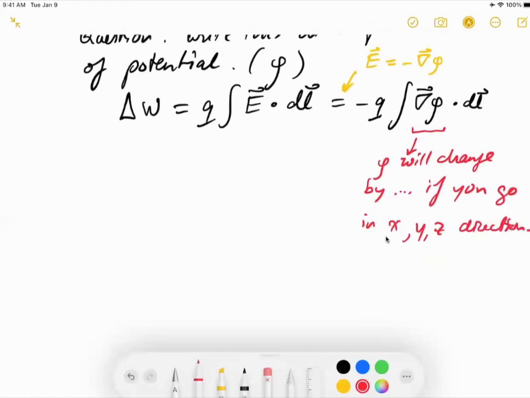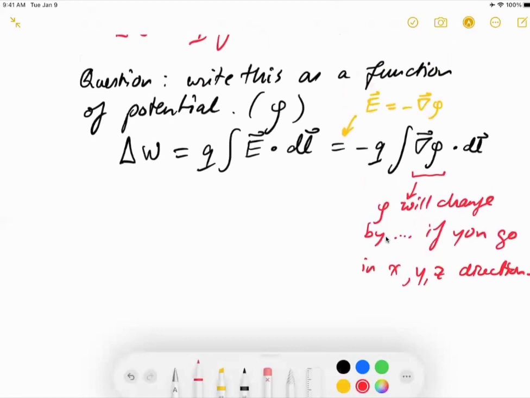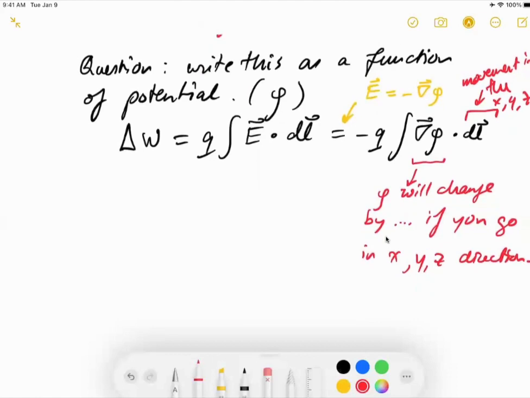Okay, then you dot that with the movement in the x, y, and z direction. So really what this dot product is evaluating to is just the infinitesimal potential change along that path.